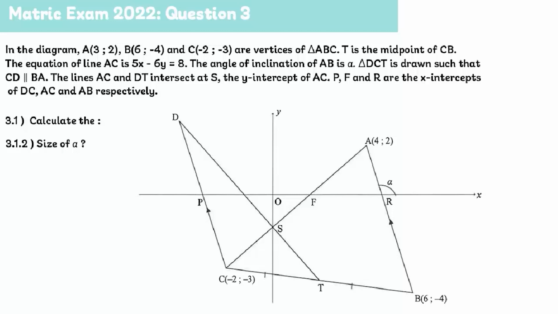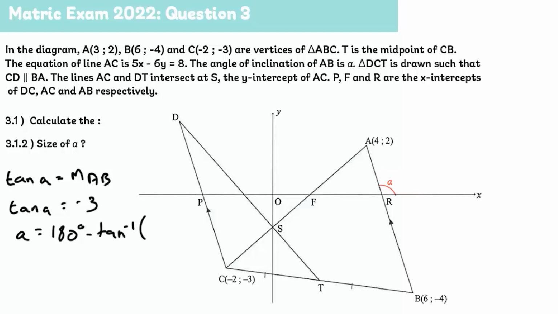Question 3.1.2 asks us to calculate the size of alpha. There's two ways of doing it. I'm going to show you my way. First of all, we must work out tan alpha, and that is equal to the gradient of AB. We know that the gradient of AB is equal to -3, we just worked it out in 3.1.1, which means alpha equals 180 degrees minus tan inverse of 3.